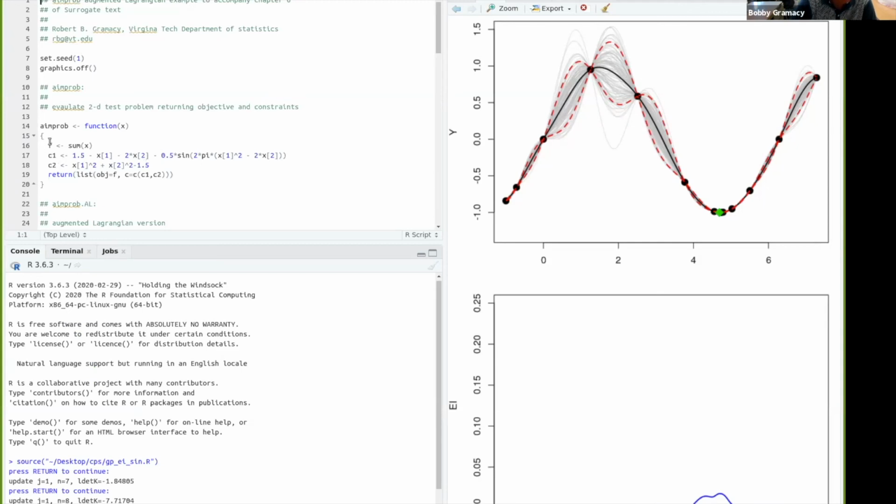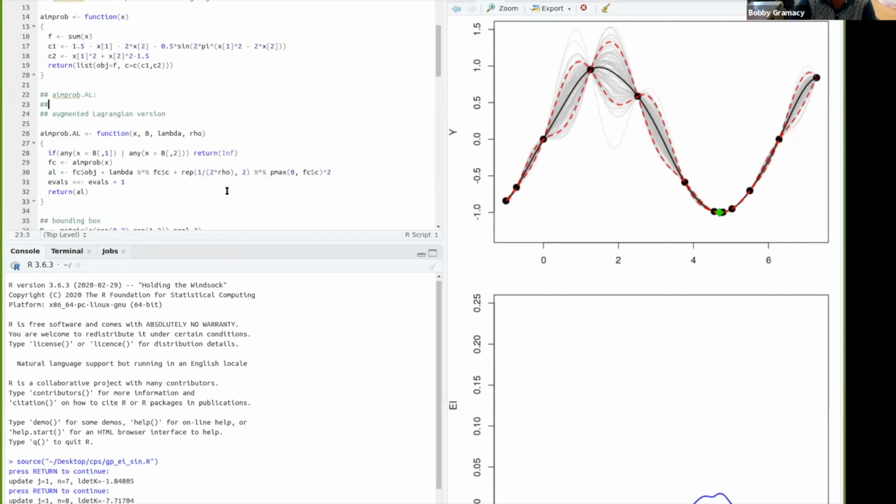So here's that function. This is the one that I put up on the slides. Simple objective, nonlinear, non-binding constraint. So that's the problem. I need to wrap it in the augmented Lagrangian. So I evaluate it, and then I put it into this linear combination.